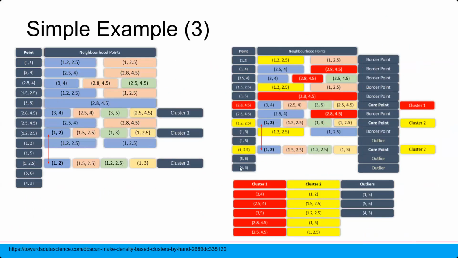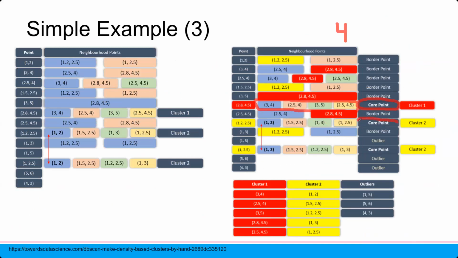So at the end, we can analyze. We know that if the number of points in the neighborhoods are satisfied, because we have the number of points in the neighborhood is 4, so this is the core point.